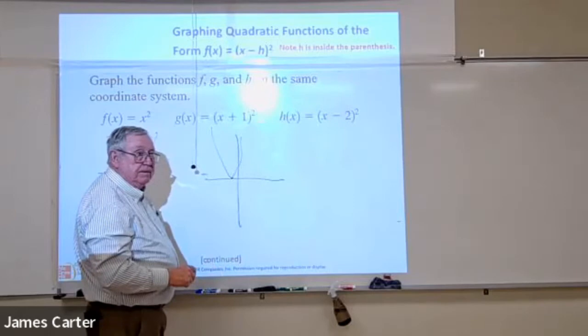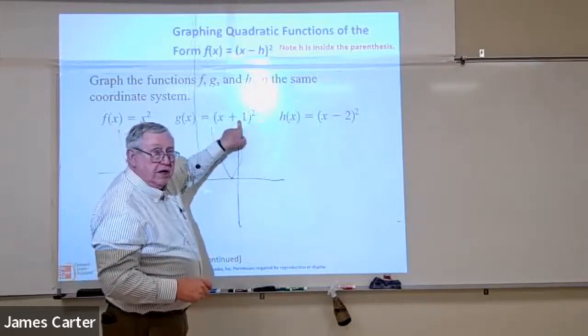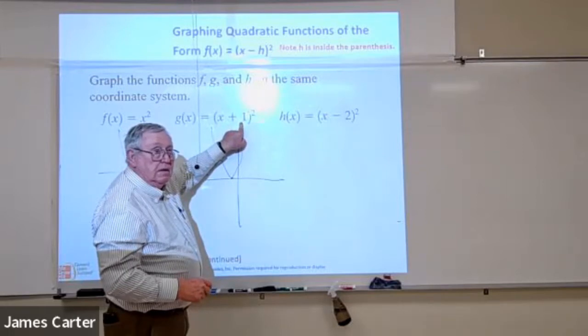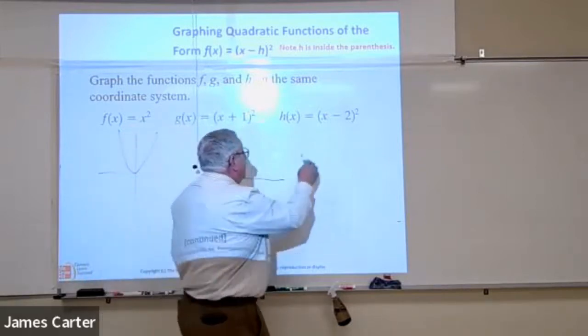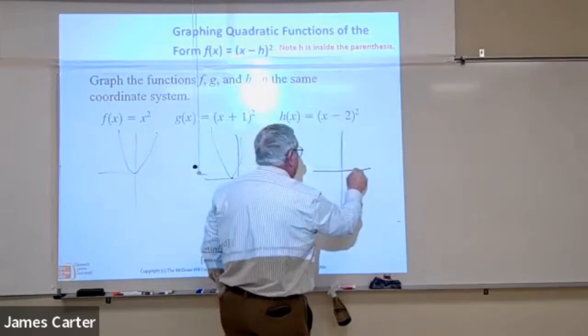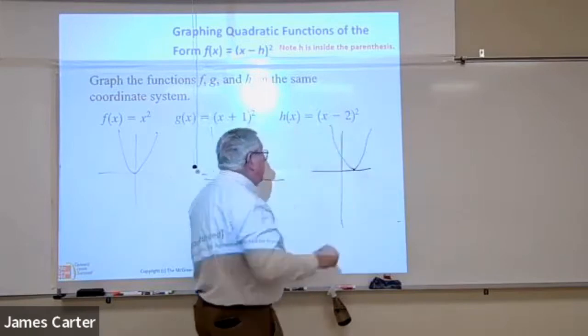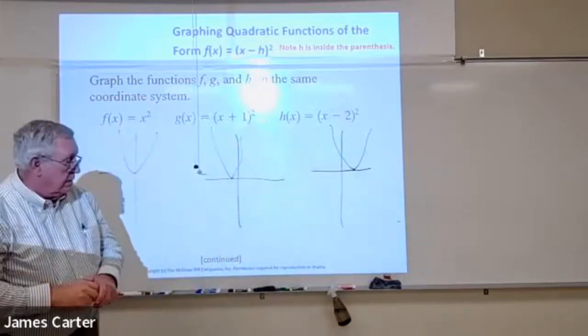Okay. So even if it's positive, it's going to the left? Opposite of sign is the rule. Okay. This one, 2 to the right. And that's what the difference is going to be.